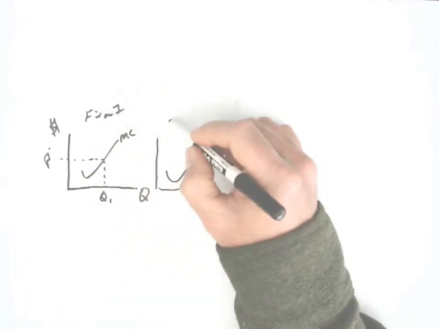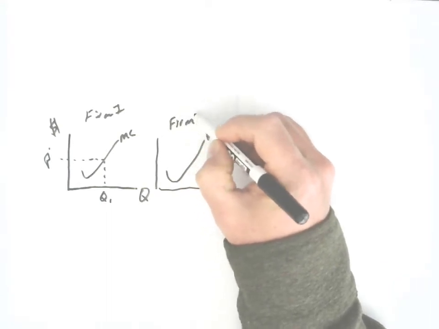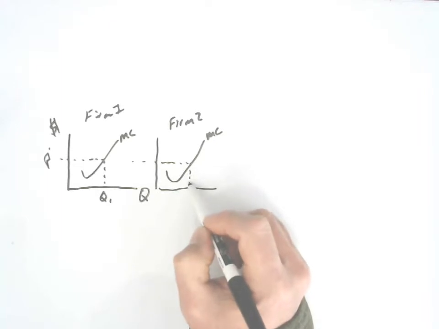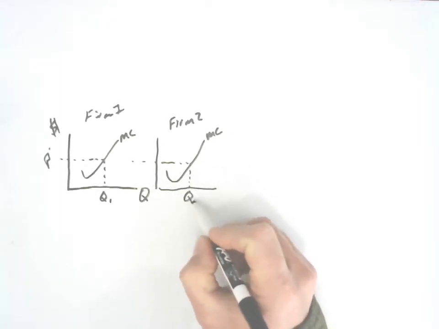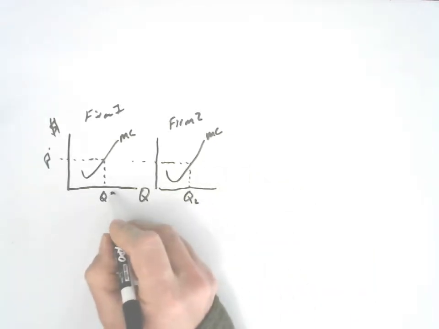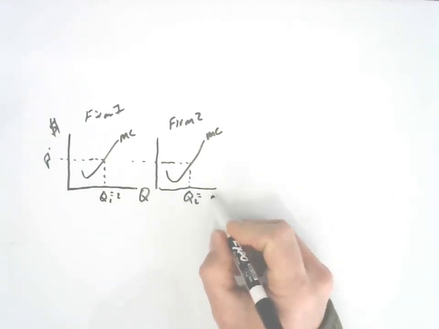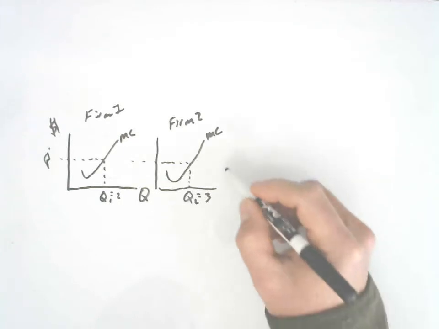Firm 2, at the same price level, say firm 2 produces Q2 units. Assume Q1 is equal to 2. Q2 is equal to 3.